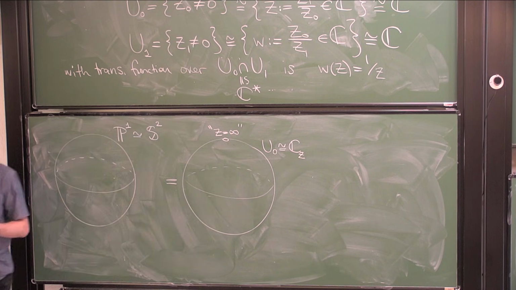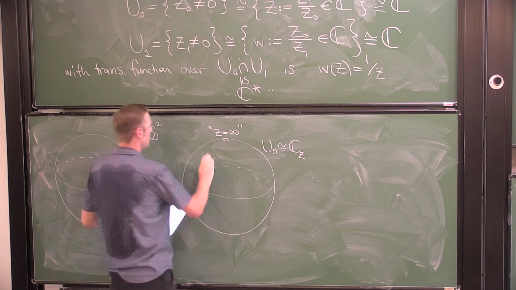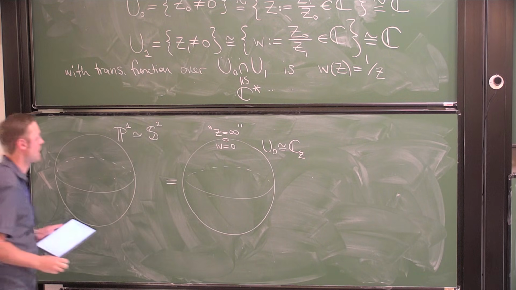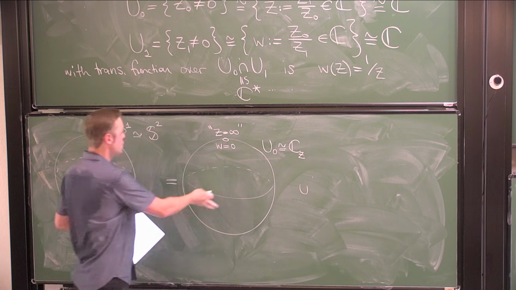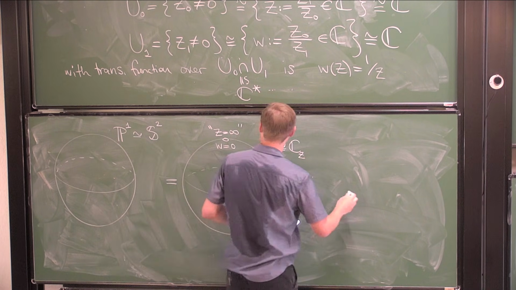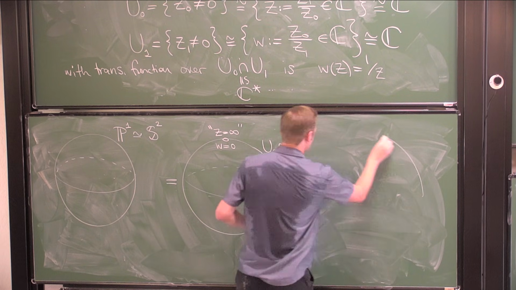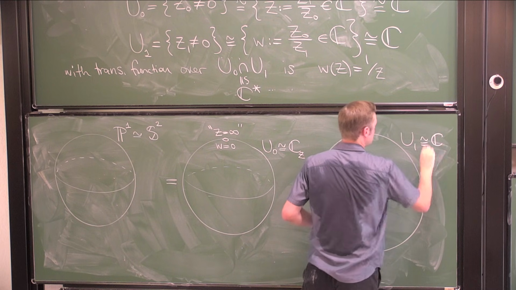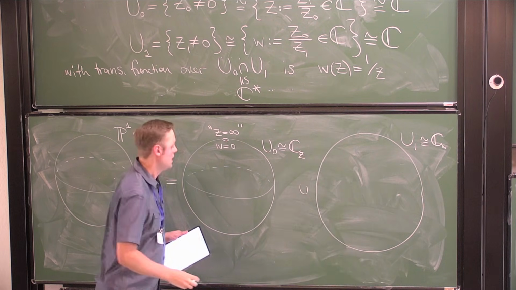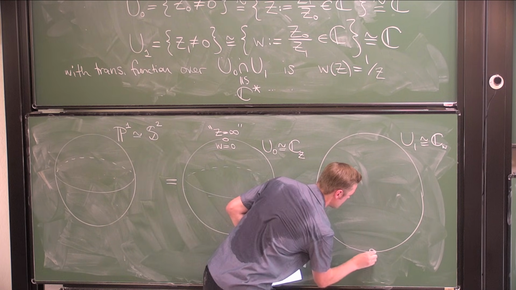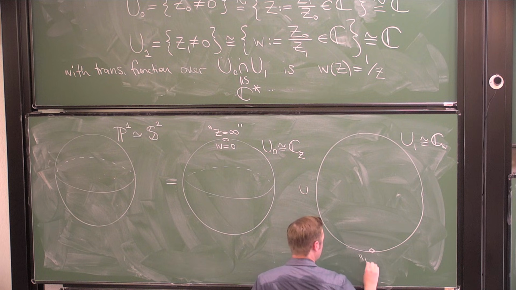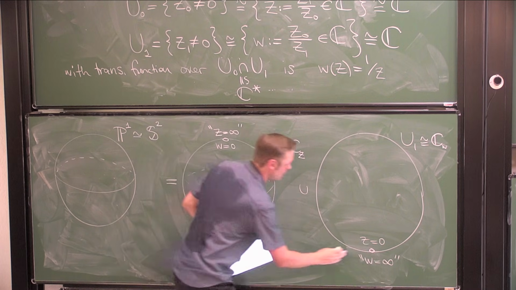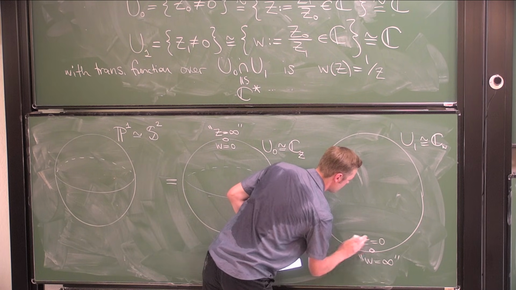It's the point at infinity that's missing, or another way to say this is that this is where w equals 0. And I have two such things. In this case z equals infinity is missing, and in the other copy of C, my U1, which is C with coordinate w, it's the opposite point that's missing, which is w equals infinity, or in other words, z equals 0.